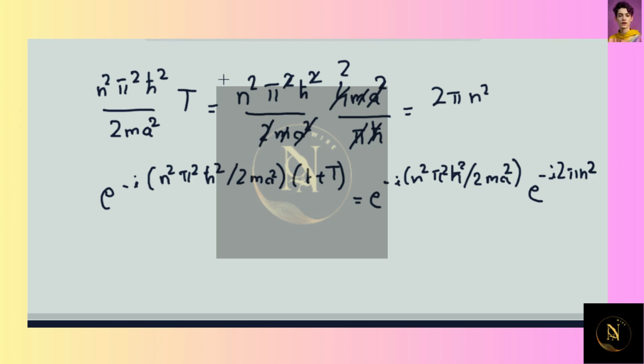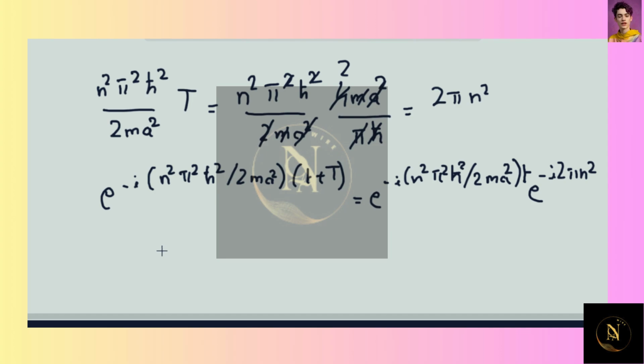As we got, this expression times T is actually equal to 2π n², so that's why in place of T we have written 2π n² here. And since we need these two expressions to be the same, that is, the value of the wave function at t plus T needs to be equal to that at t, this part of the exponential should be equal to 1.